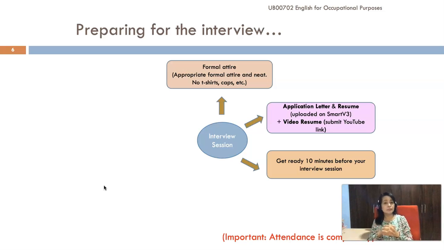So we have, for example, 6 groups in one section. Group 1 will go first, followed by group 2, 3, 4, and 5. For group 1, each member within that group will go one by one, as this is an individual interview. Because of that, ahead of the interview session, you will get the timetable and you will know exactly when your slot is.